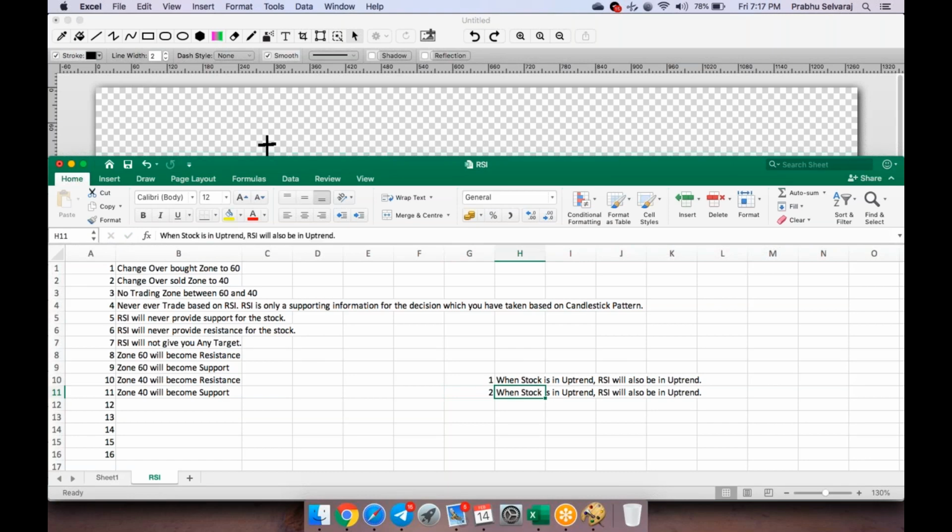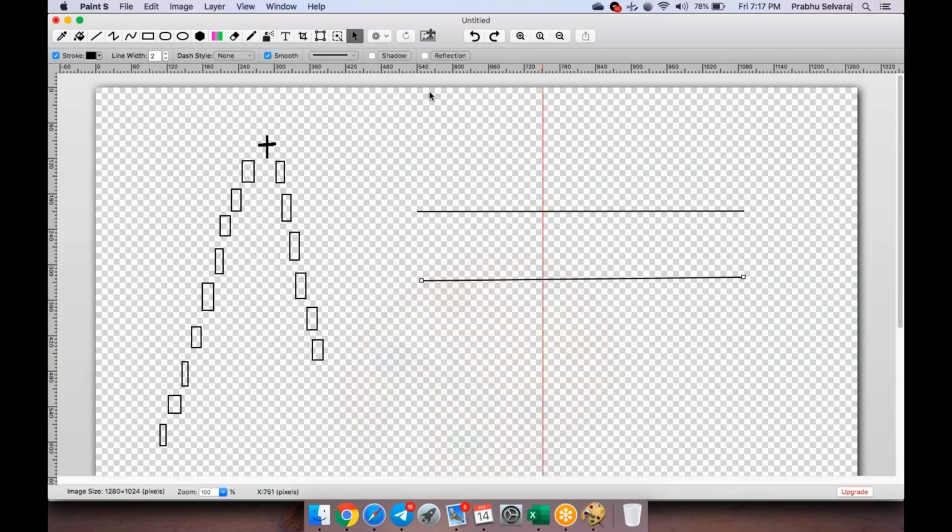When the stock is in downtrend, RSI will also be in downtrend. There is some scenario where the stock goes on an uptrend and RSI goes on a downtrend. This is called divergence in RSI. Let's not study that now, just to tell you that the reverse case also will happen.